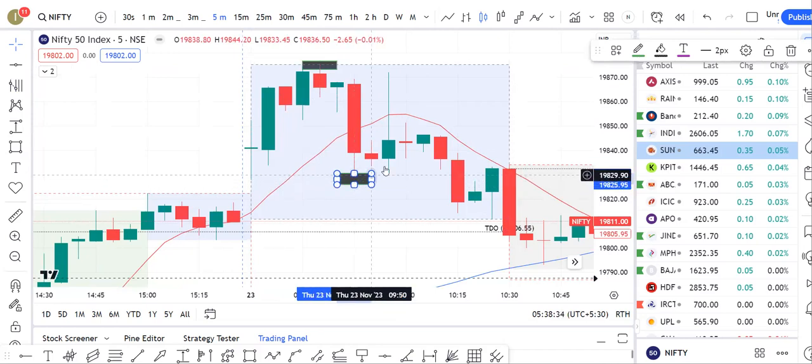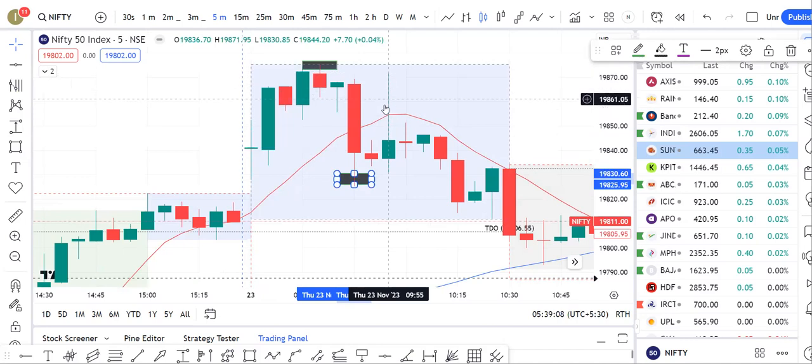Then you need to wait for the market to go and see the failure, the rejection of this level, because it has failed to go past this level. So we need to wait for that. You can see this big candle going up to a high of 19,871.95, whereas the high is 19,875.